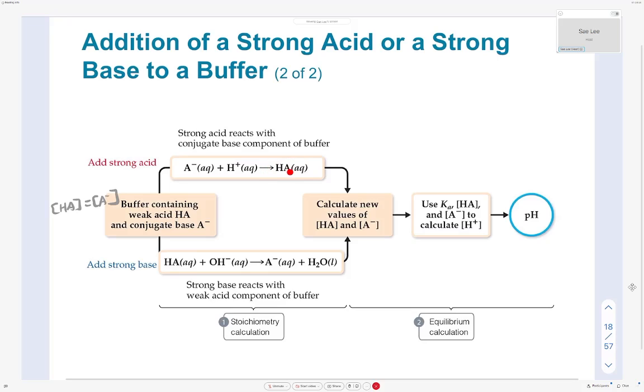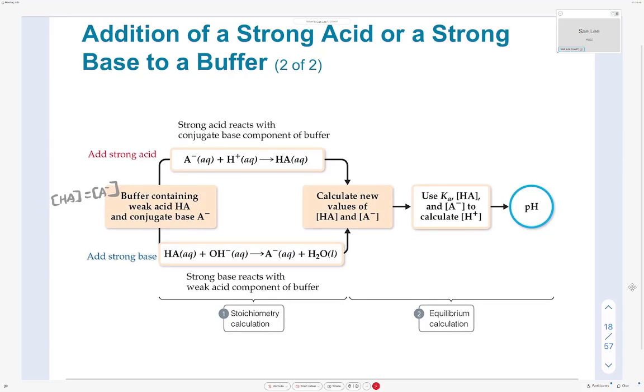In order to calculate the pH value, we need to calculate the new concentration of this acid and the new concentration of the conjugate base, because it was consumed. So we will calculate the new values of concentration of acid and conjugate base, and then we will use the Henderson-Hasselbalch equation to find the pH value.